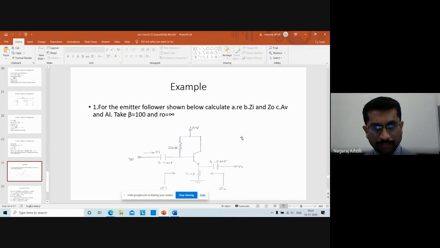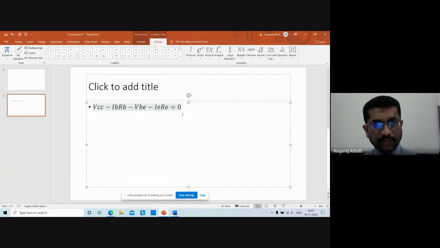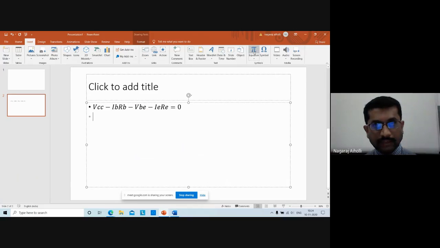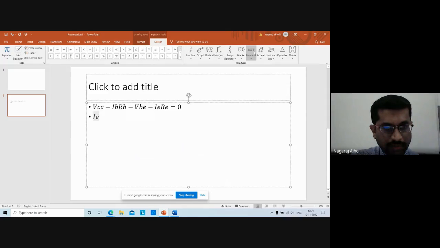Accordingly, we want the equation for IB. To get it, we have to express the emitter current in the form of base current. IE is given by (1 plus beta) into IB.